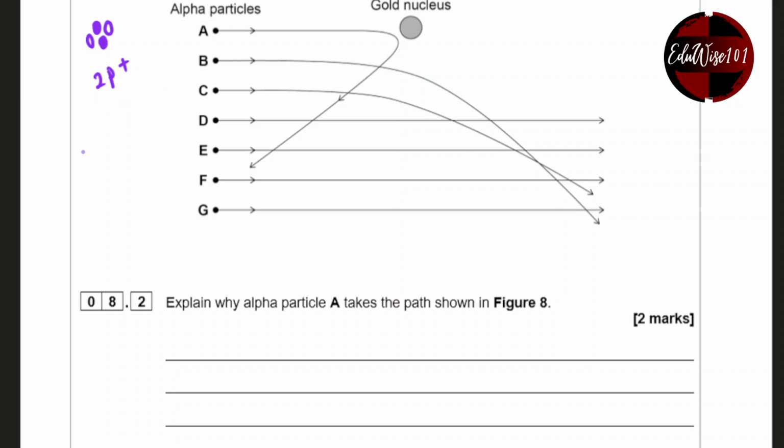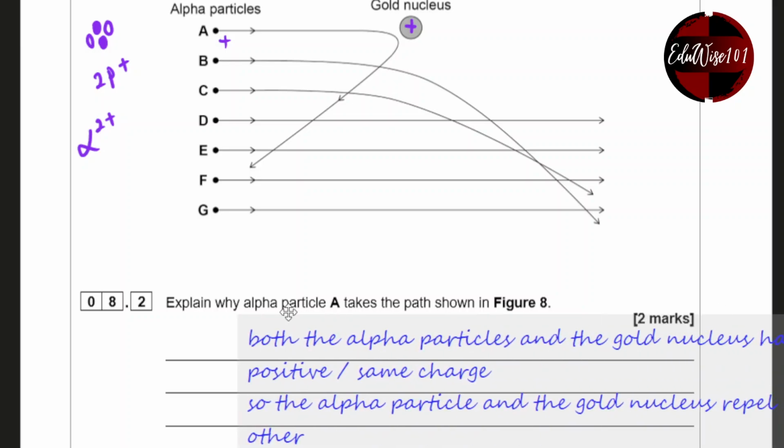So, alpha particles generally have a 2 plus charge. For it to bounce off, the nucleus should be positive as well. So, why did it bounce off or repel? Both the alpha particle and the gold nucleus carry the same charge, which is positive, hence they were repelled.